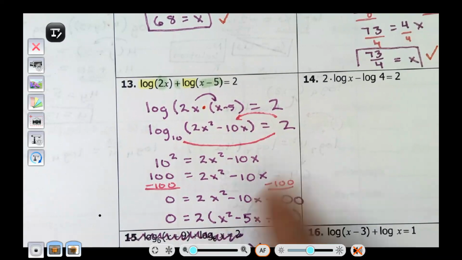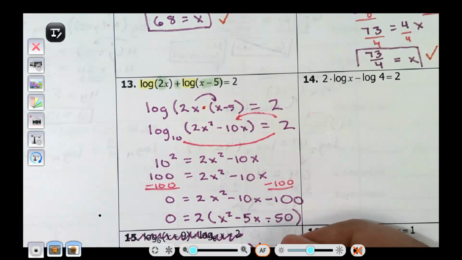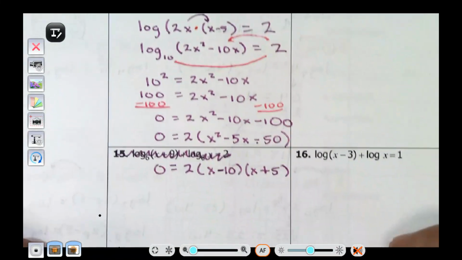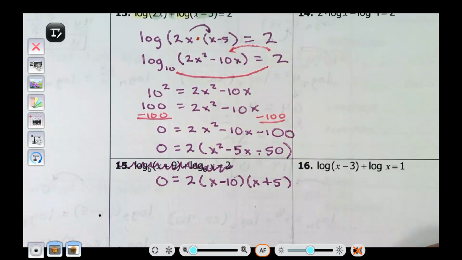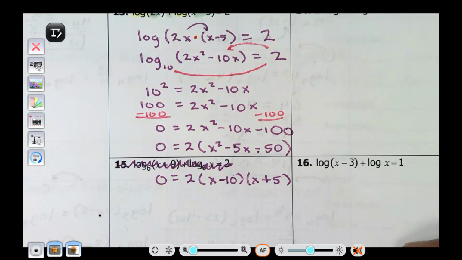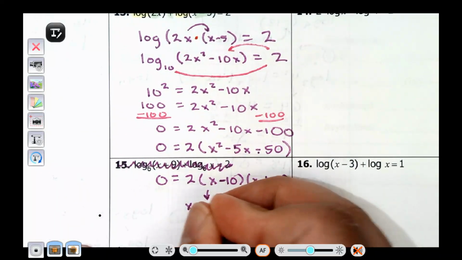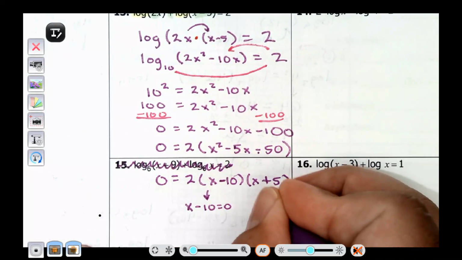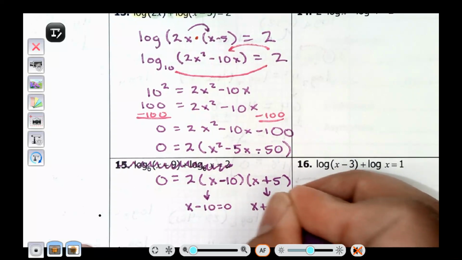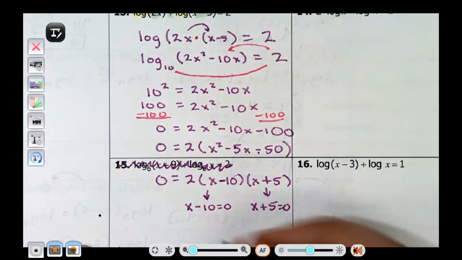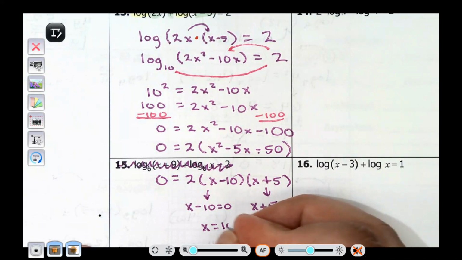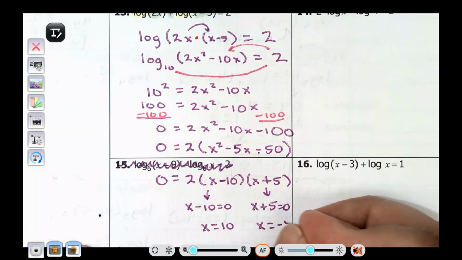And because I want a negative number, then the bigger number should be negative. All right, so here we go. Now we're there. At this point, sorry, should have moved it earlier. But now I set my factors equal to 0. X minus 10 equals 0. X plus 5 equals 0. So x is equal to 10 and x is equal to negative 5.